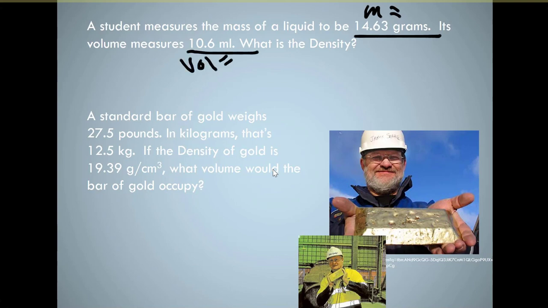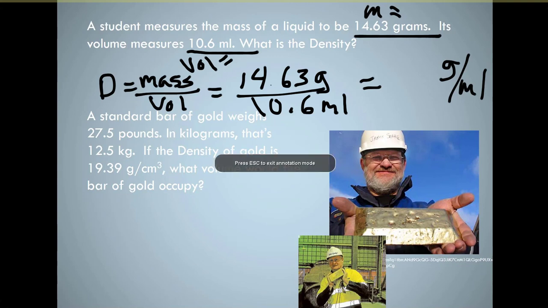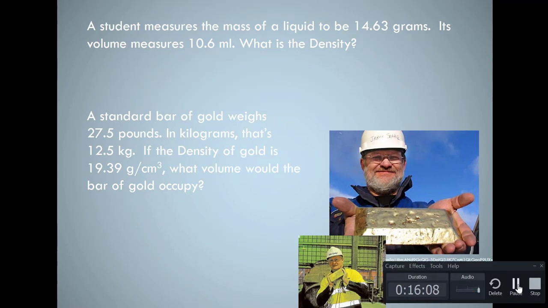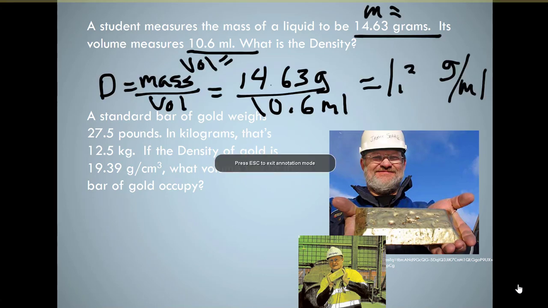So I know mass, I know volume, so I have density equals mass over volume, and I can just plug into my formula. I want to use my units because I'm going to end up with grams per milliliters. And when I plug this into my calculator, this calculation equals 1.38 grams per milliliter would be the density.